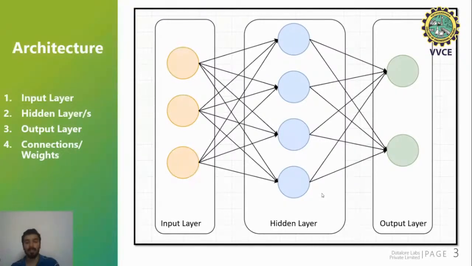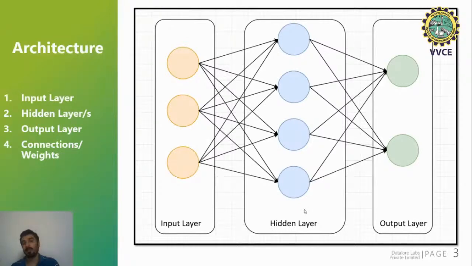And why is this layer called the hidden layer? By the way, in this case I've just shown one single hidden layer, and that is why it is the hidden layer. But you can also have a neural network with more than one hidden layer.